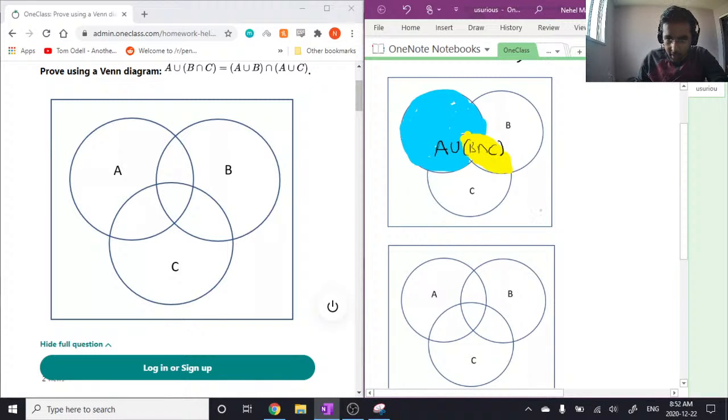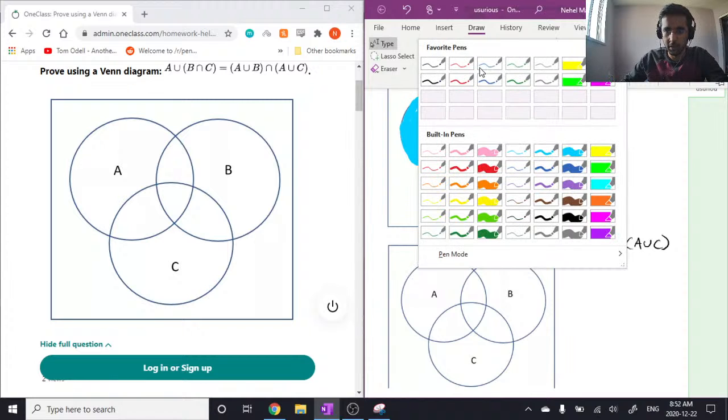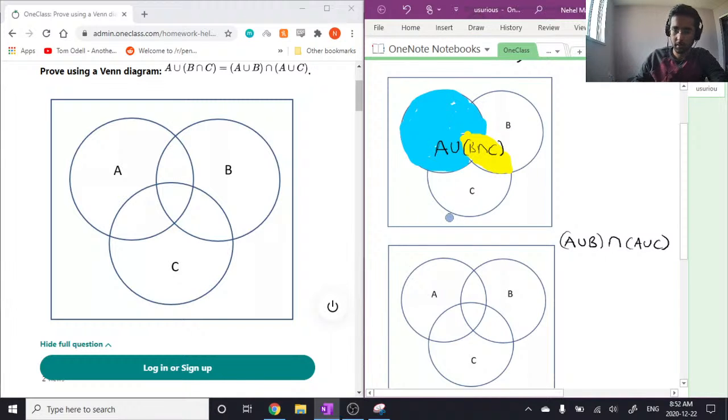So we're given A union B intersection A union C. With A union B, again, with unions, all you have to do is consider both sets and use all of them. So I'm going to quickly show you what that would entail.